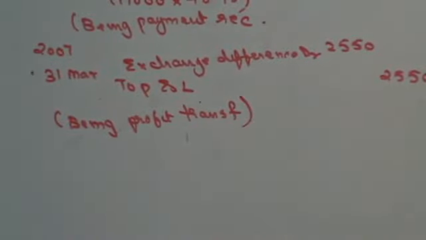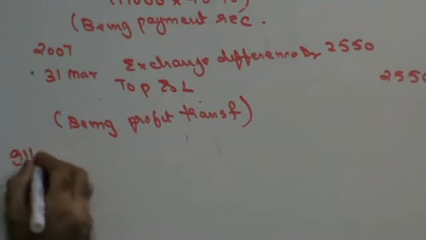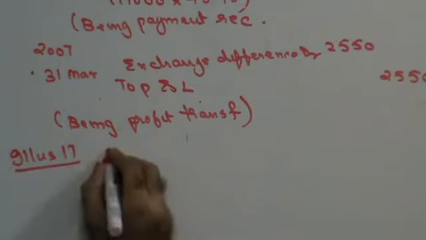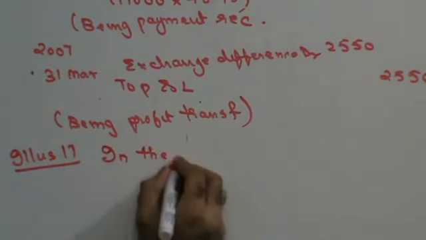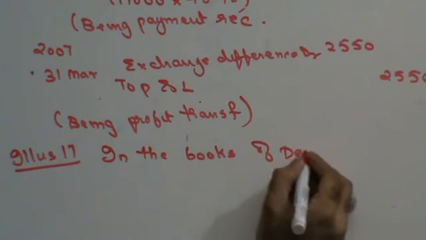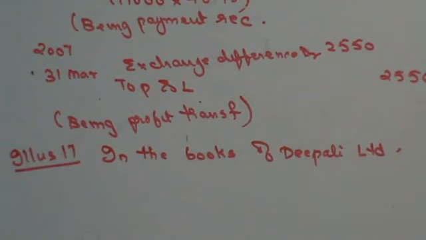Right, let's see another sum, guys. Let's see illustration 17. In the books of Deepali Limited. Past journal entries.